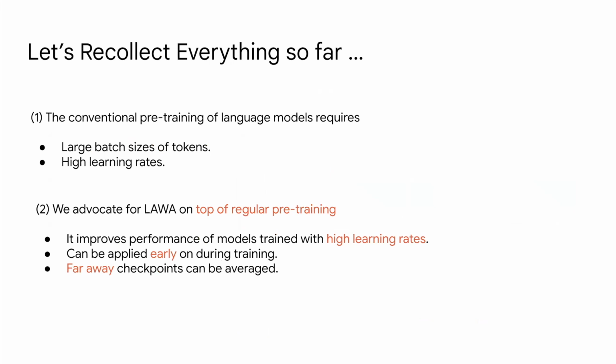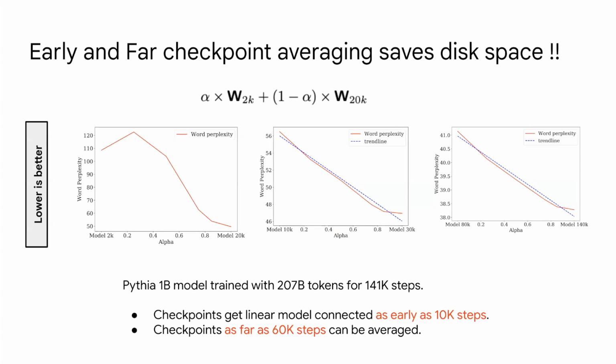Okay, so a question about the 60K. Which plot shows that after 60K can be averaged? No, as far as 60K. So the plot to your rightmost, the model weight was 80K, and this model was 140K.